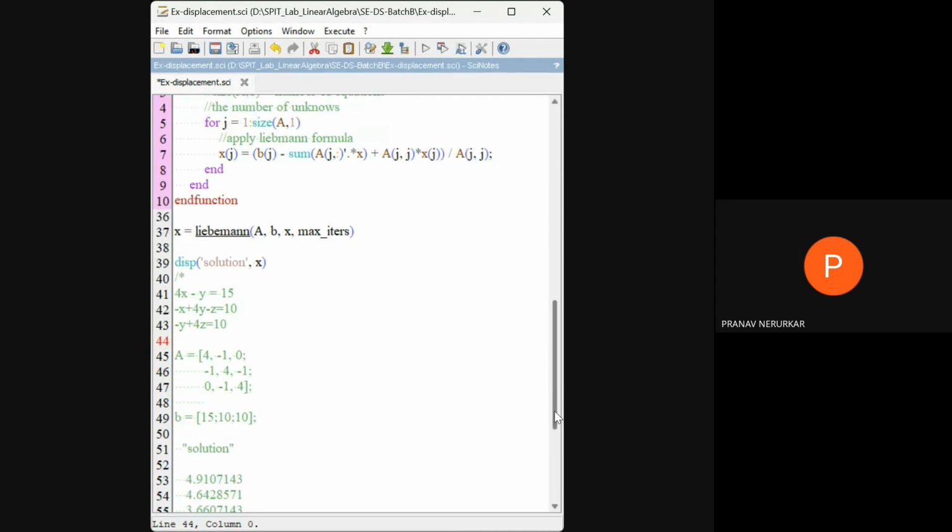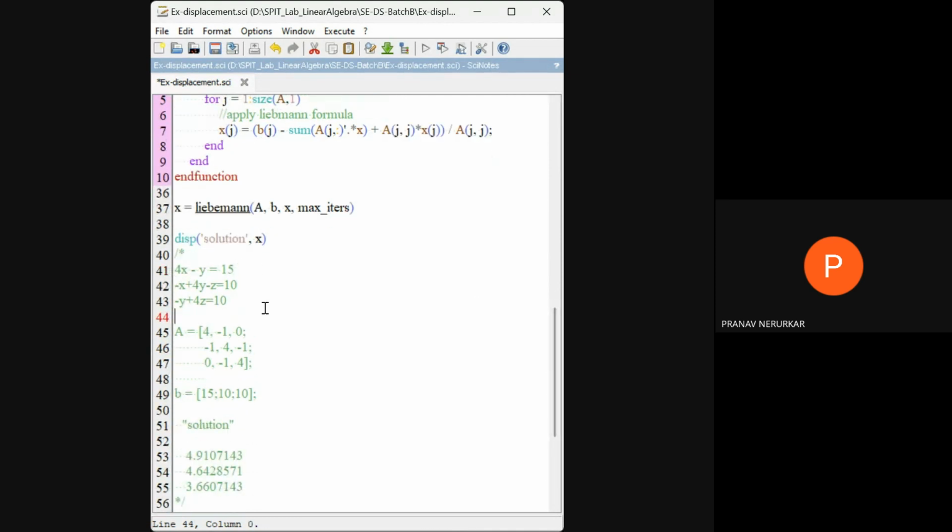So substituting here we have x equal to 4.9, y equal to 4.64 and z equal to 3.66. 4 into 5 are 20 minus 4.